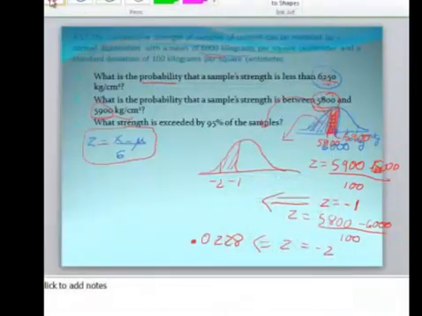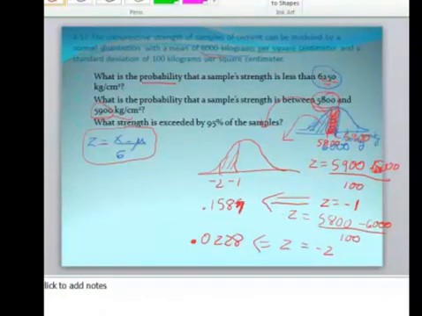So it should be on your tables there. So this small area right here is that value.